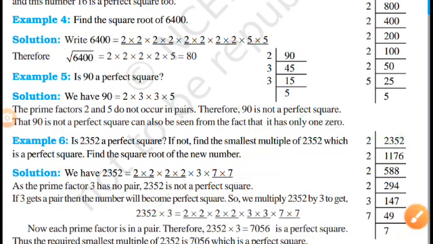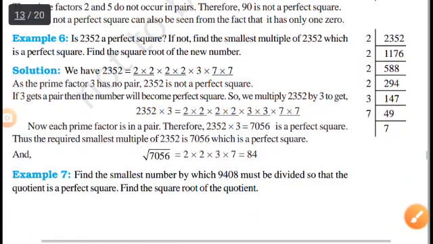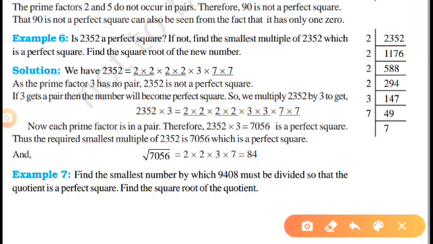Now the next question is similar: is 2352 a perfect square or not? If not, find the smallest multiple of 2352 that is a perfect square. Now one thing is there, that is the multiple. What is a multiple and how is it different from the factors?